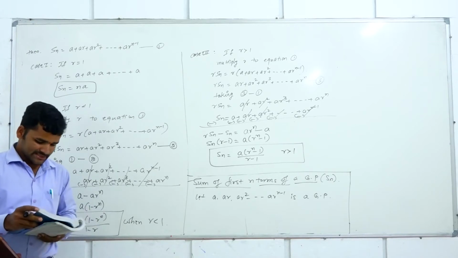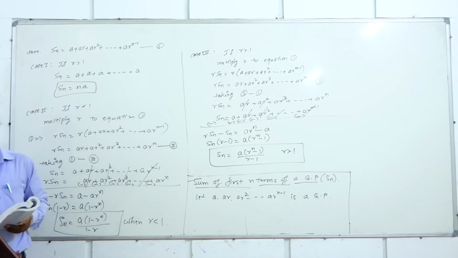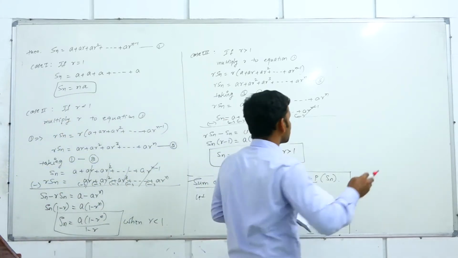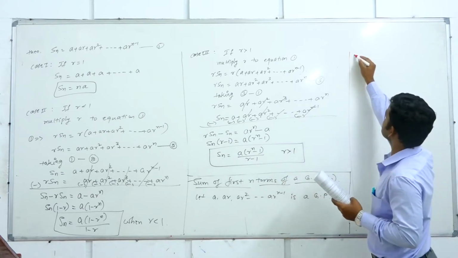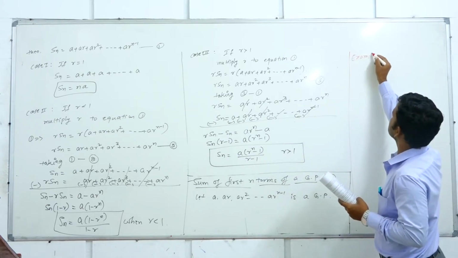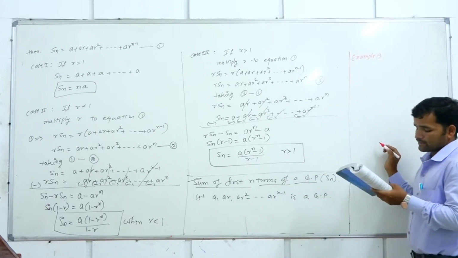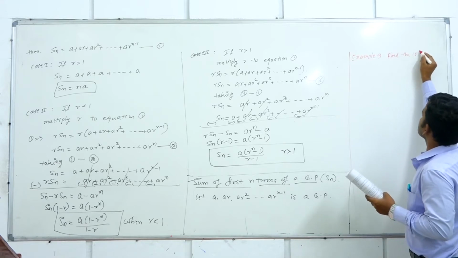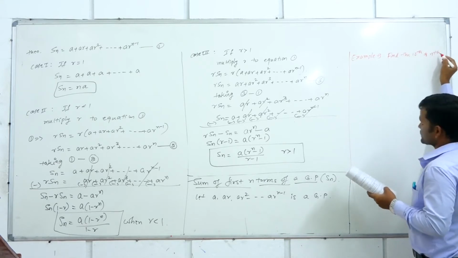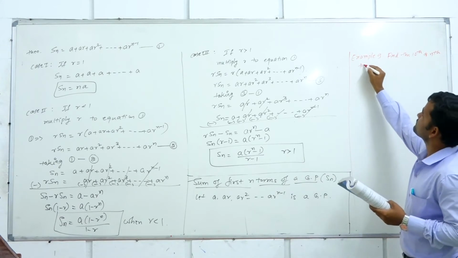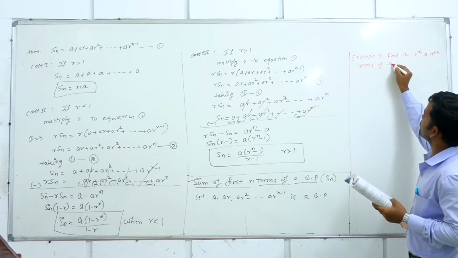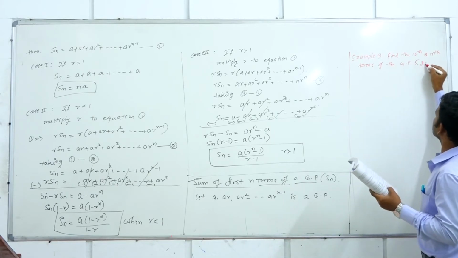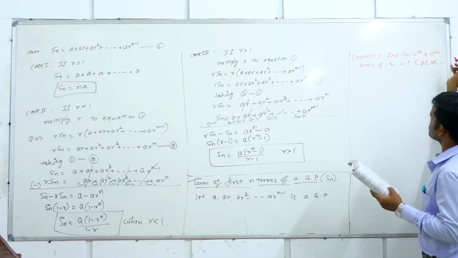Let me take the examples here. Example 9, page number 187, that is the NCERT textbook. Example 9 says, find the 10th and nth terms of the GP, the geometric progression 5, 25, 125, so on.